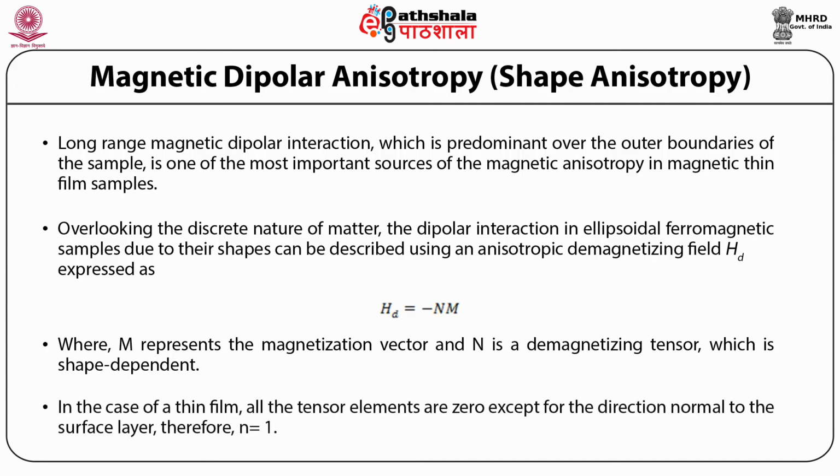In the case of a thin film, all the tensor elements are zero except for the direction normal to the surface layer. Therefore, N perpendicular is equal to 1.